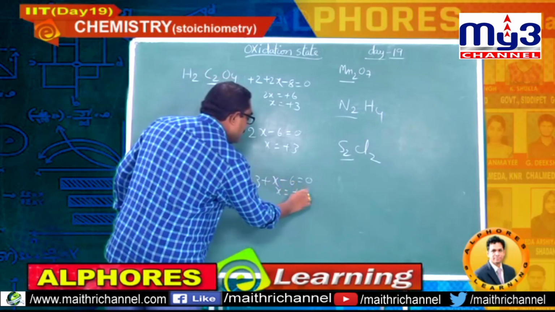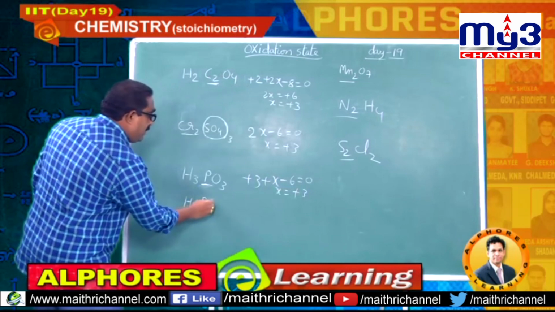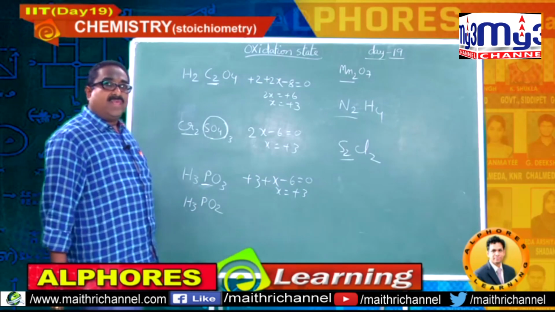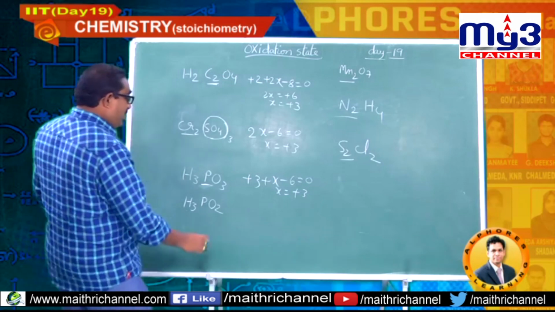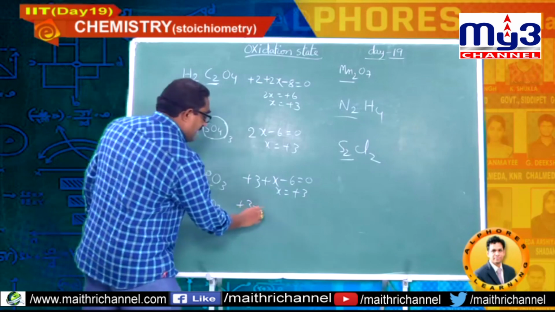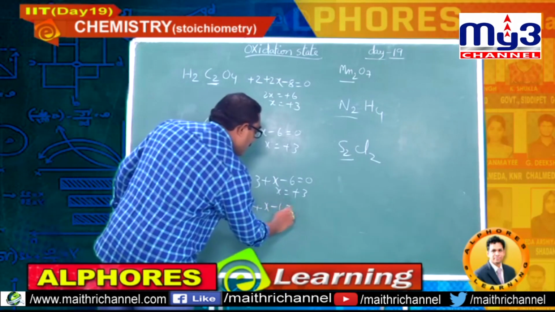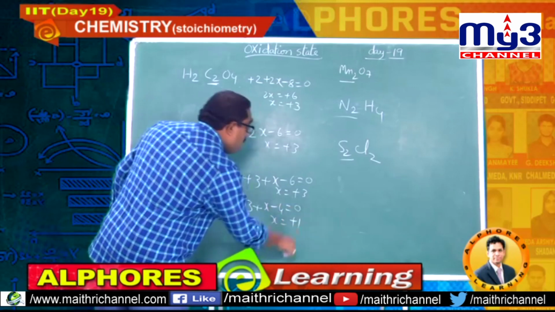So x equal to +3. If you go for H3PO2, hypophosphorus acid, for 3 hydrogens +3, for phosphorus x I am considering, for 2 oxygens -4 equals to 0, x equal to +1.